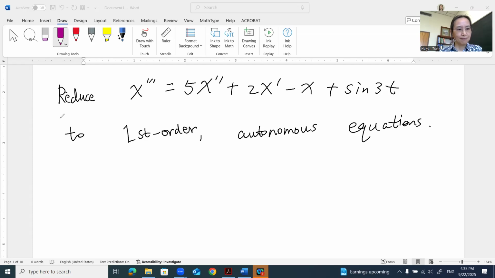You can choose your own names for the new functions because we don't want the second order derivative, right? Because we only want first order derivative to appear in the new equation. So suppose you know already how you're going to invent new names for your new system.